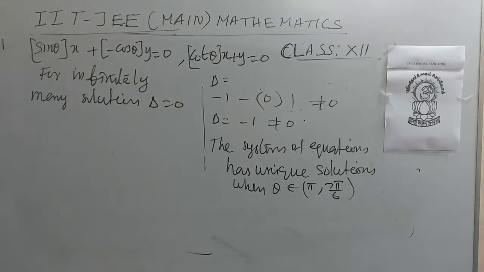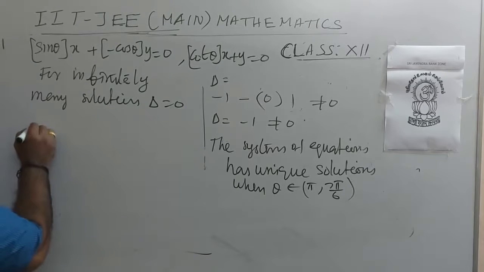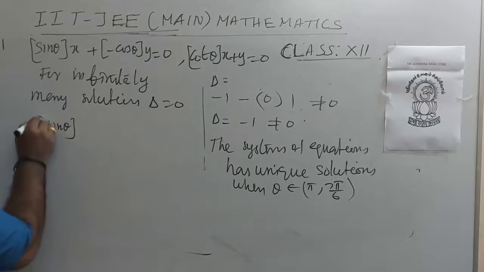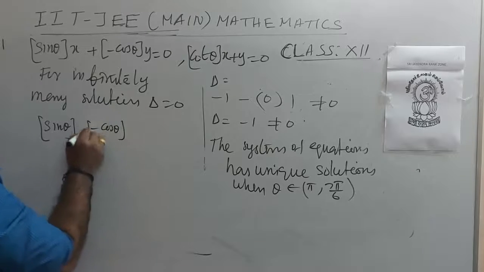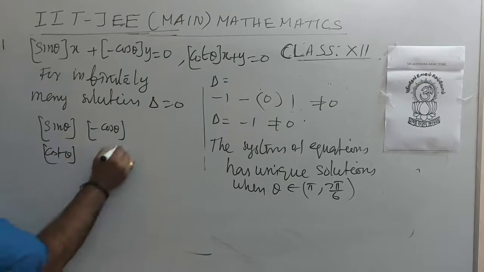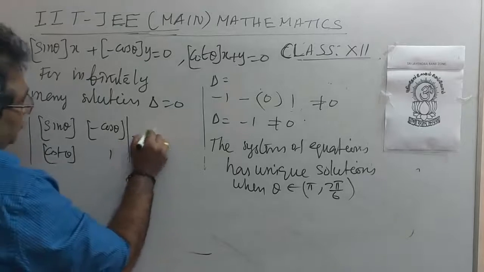For infinite solutions, delta should equal 0.